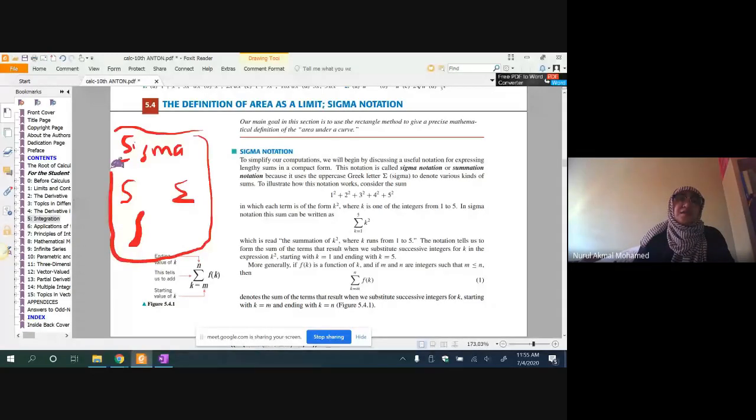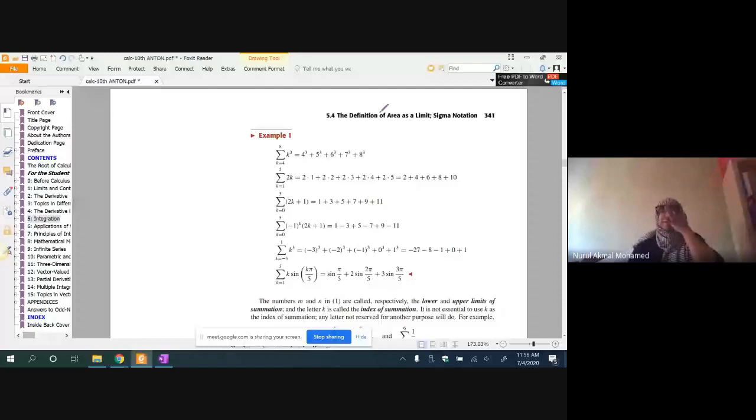Our integration is actually equal to the sigma of function f. But whatever it is, we will look at that later. We first have to look at several values of the sigma for some function.